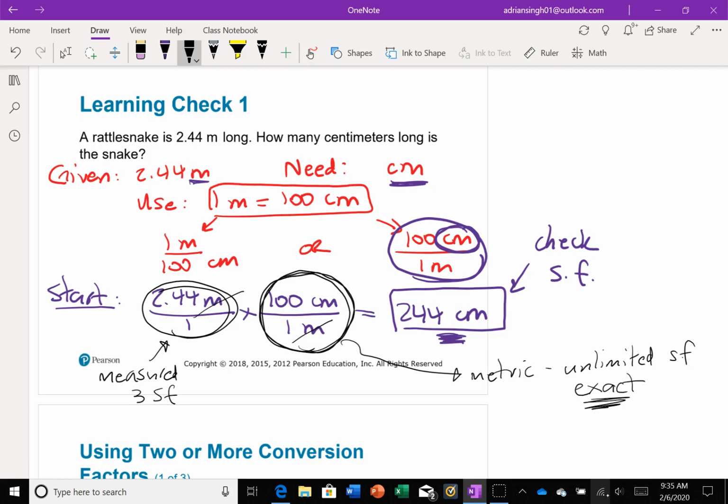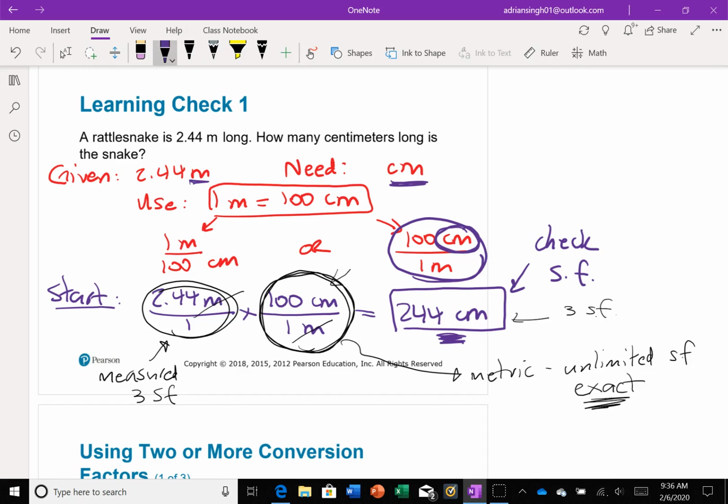So our conversion factor here is not going to limit how many sig figs we have, which means our original number, the 2.44, is going to. So our final answer here has 3 sig figs, which it should, because we started with 3 sig figs multiplied by an unlimited number of sig figs. So the final answer makes sense on a couple levels. So you always want to keep track of your sig figs as well.